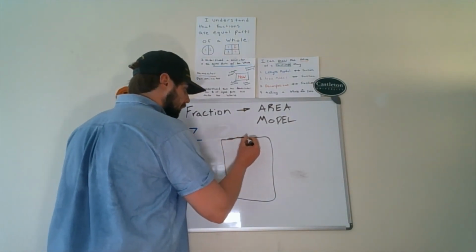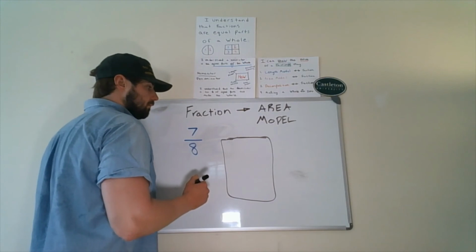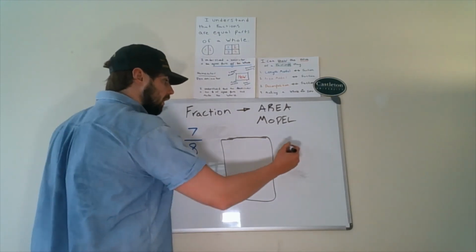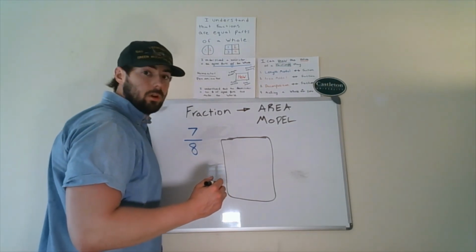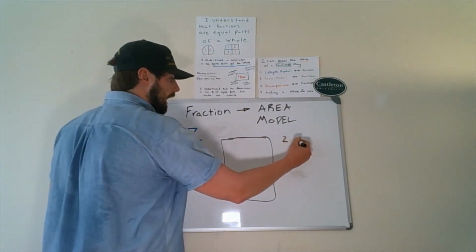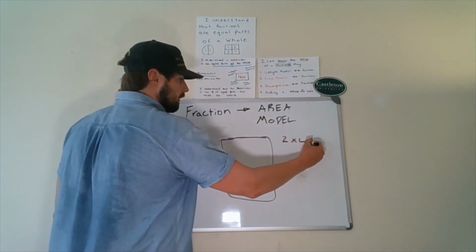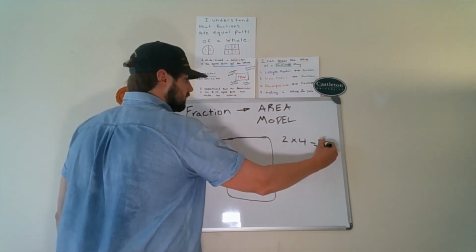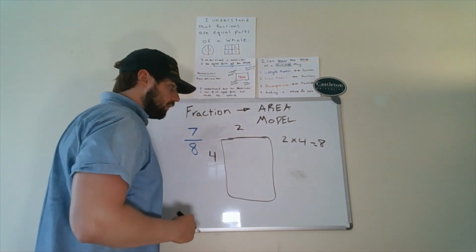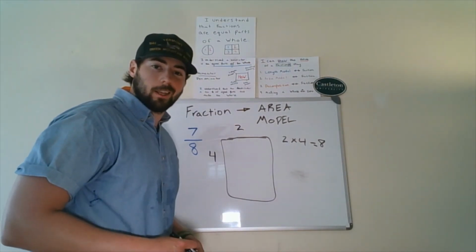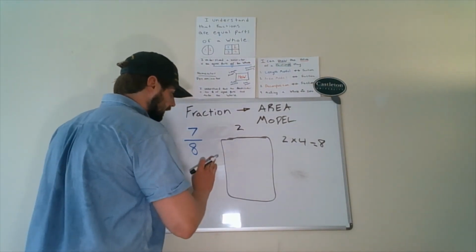So, a number of ways I can do that. But Mr. G is a teacher. He knows that if he wants his students to have a good visual, he can break that thing in half, and he knows that 2 times 4 equals 8. Just like when we're working with those area models, when we're multiplying. Kind of familiar there.